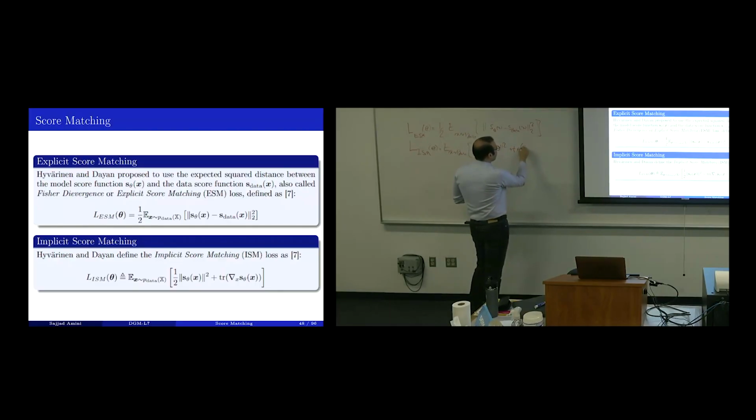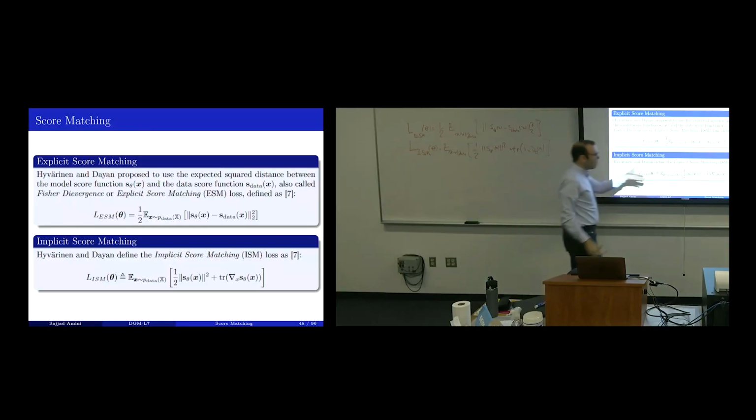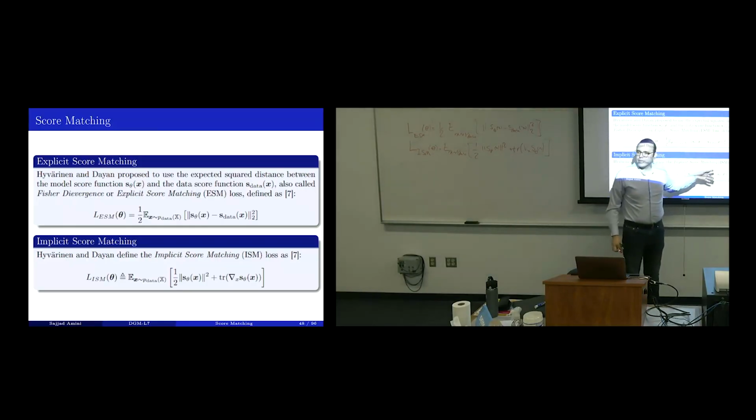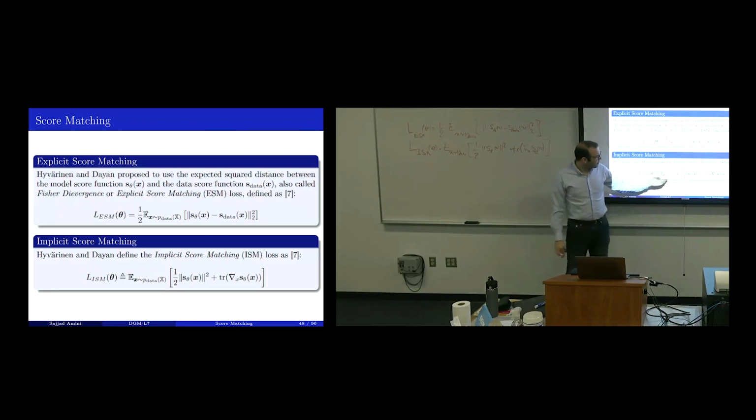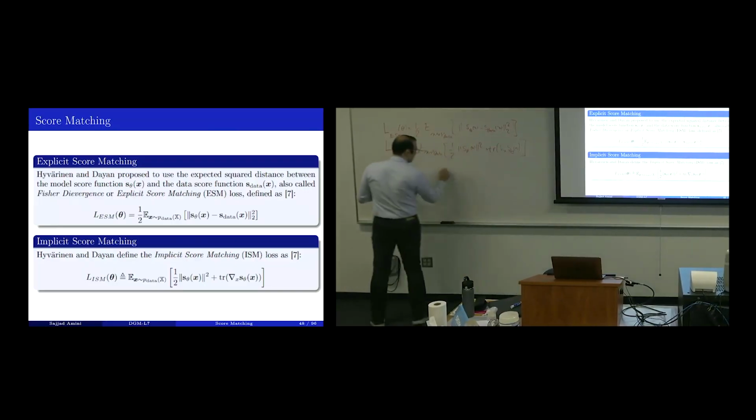The trace of the gradient with respect to x of the model. What happened? We do not know why this loss is important. This is not meaningful, even for me, at first glance, okay? It is not meaningful. But in terms of calculation, what do you see in this term?